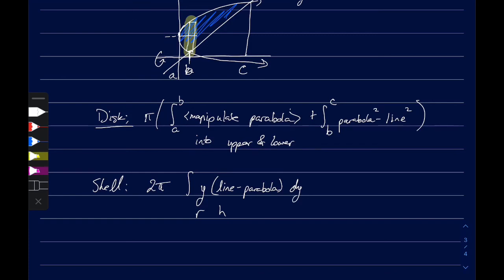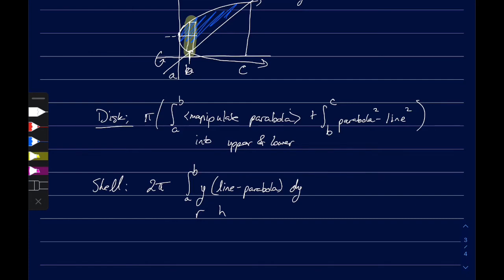And the line is already given as one function. The parabola is already given as one function. And all we would have to do is find the intersection points A and B, which wouldn't be that difficult compared to manipulating a parabola into its top and bottom halves, and then taking the top half, squaring it, taking the bottom half, squaring it, and subtracting them.